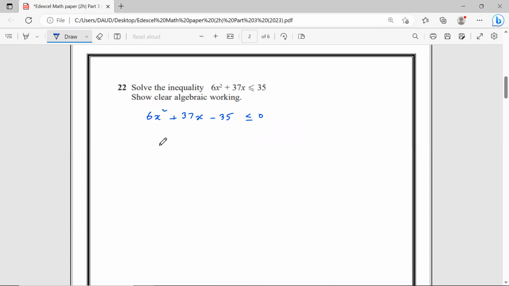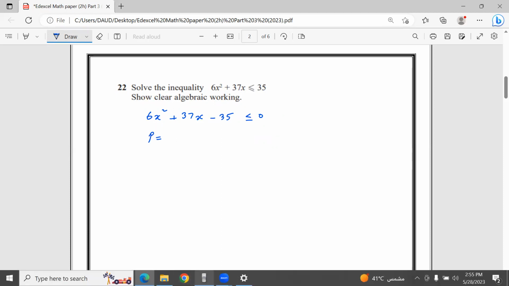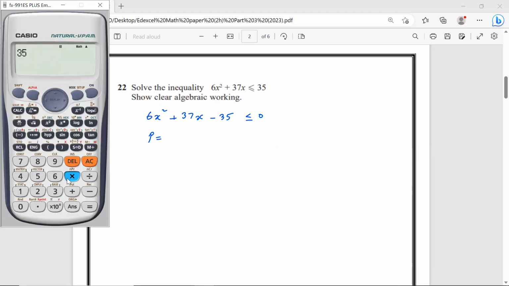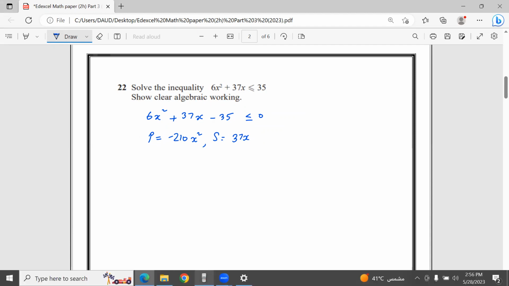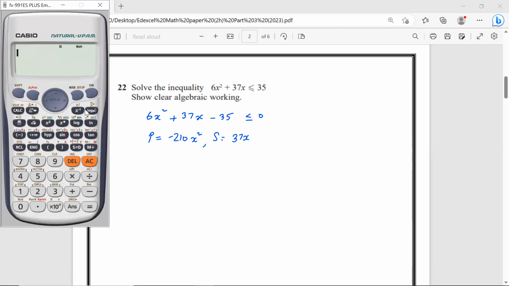If we check our product, 35 multiplied by 6 gives us minus 210, and the sum value is 37x. So we check for two numbers which multiply to give the product, and whose difference is 37.